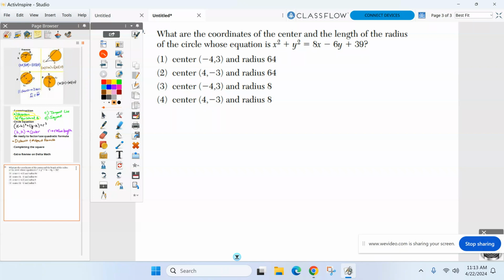What's your first step going to be in reorganizing it? Put your X's together, put your Y's together, and that constant, that number without the variable, make sure it's on the other side away from the X's and the Y's. So go ahead, take your time now, do some moving around here.